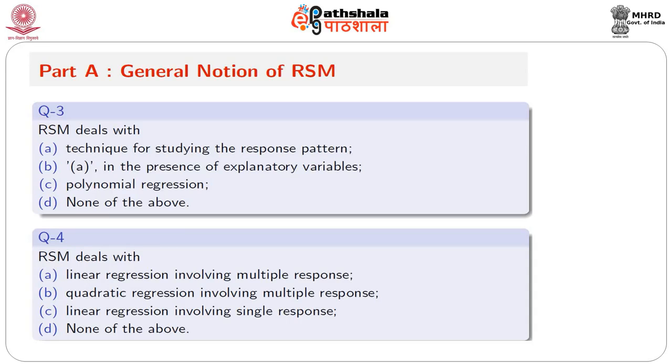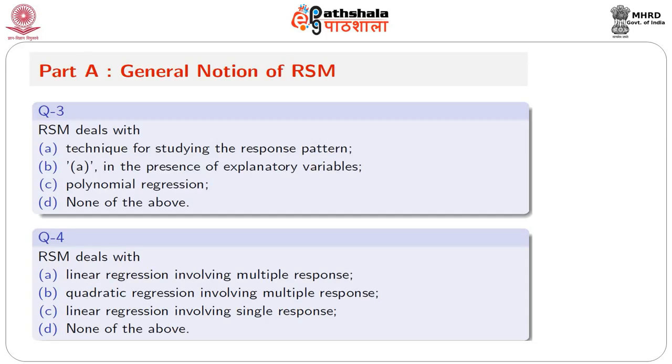What is question 4? So here we need to know that RSM deals with either linear regression involving multiple response, or quadratic regression involving multiple response, or linear regression involving single response, or none of the above. Let's try to understand the response surface methodology. We are talking about a number of regressors, but the response is always single.